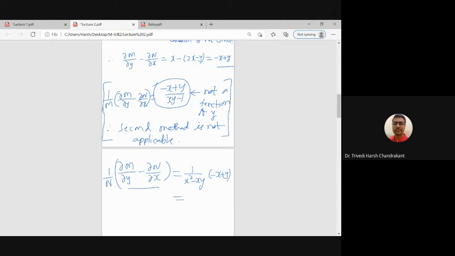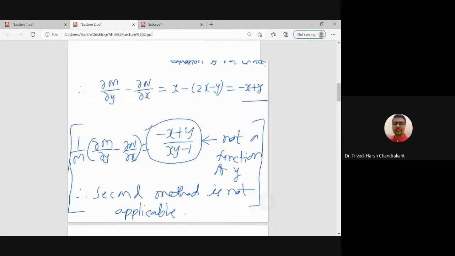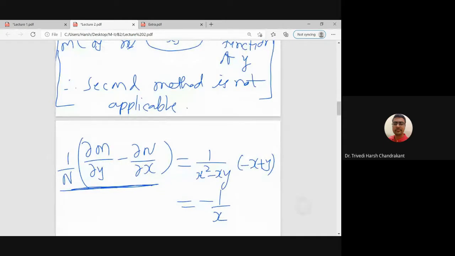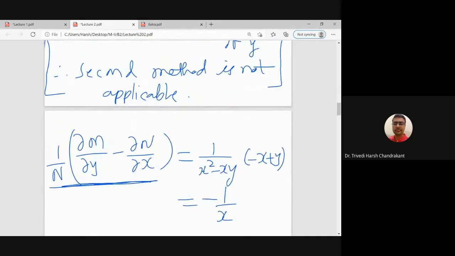So if we divide x minus y from the numerator and denominator, essentially what we get is minus 1 upon x, right? So what we got is we found this quantity, which turns out to be the function of only one variable, x variable. So that is the first method.